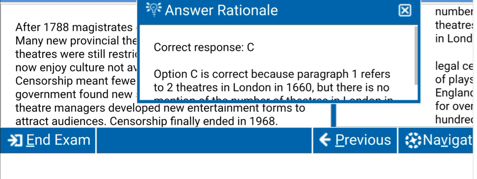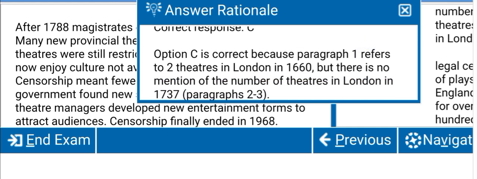Option C is correct, because paragraph 1 refers to two theatres in London in 1660, but there is no mention of the number of theatres in London in 1737, which is in paragraph 2 or 3.